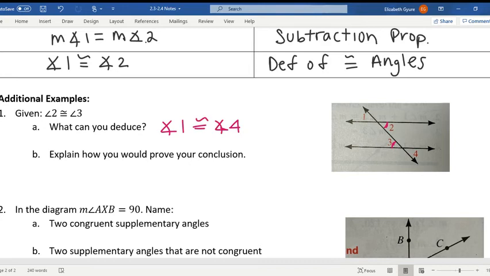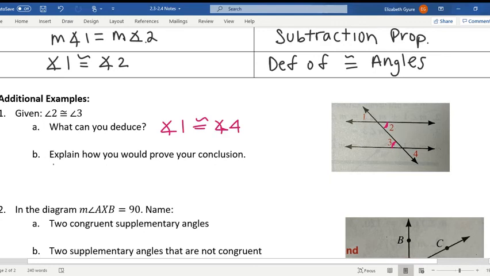Well, instead of writing a formal proof, we're going to write an explanation, because proofs are basically just well-structured explanations. So what we're going to say here, and there's several ways to state this, but we have vertical angles, right?